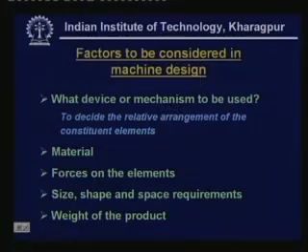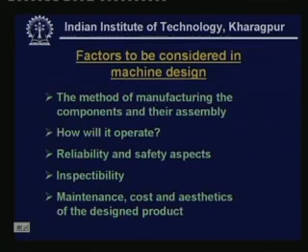Weight of the product, of course, is very much required to be considered, because it determines the cost of the product. So, material cost is a tremendous factor one should keep in mind.